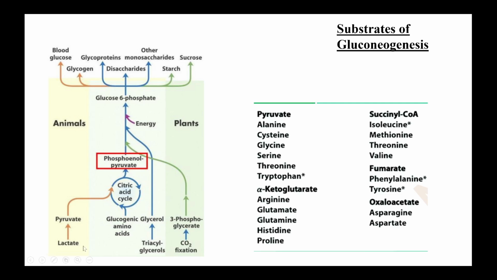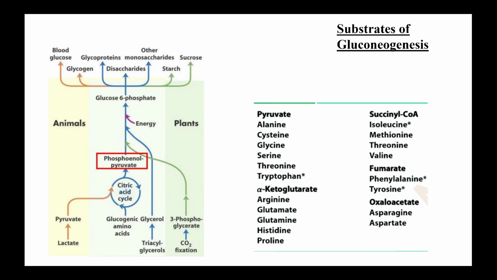Okay, so if lactate or pyruvate is present, it can directly enter the citric acid cycle. How? By the formation of oxaloacetate. We saw in the previous slide, lactate can get converted into pyruvate, and then that pyruvate can get converted into oxaloacetate. That oxaloacetate can then be converted into phosphoenol pyruvate, right? We saw that in the previous question.